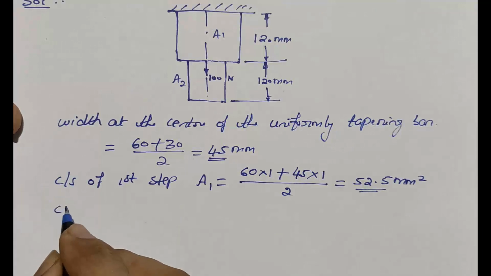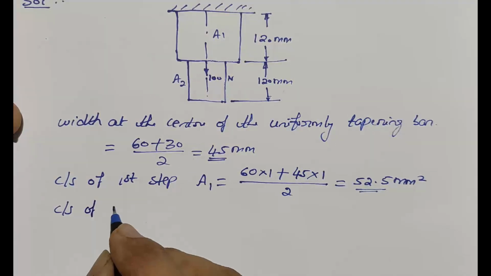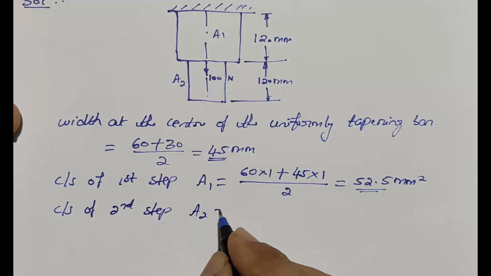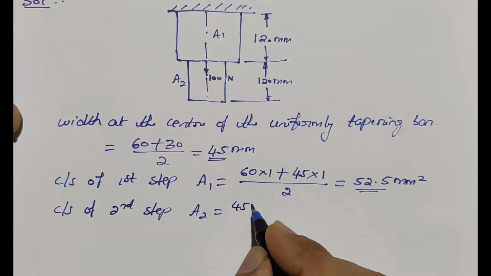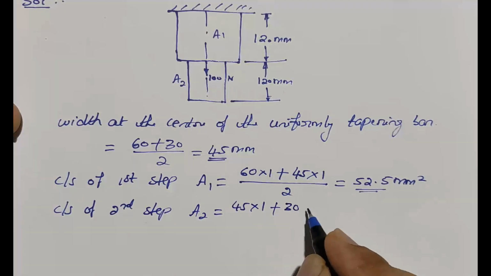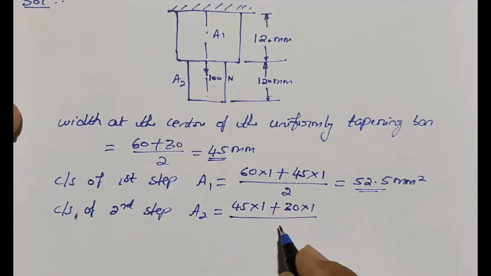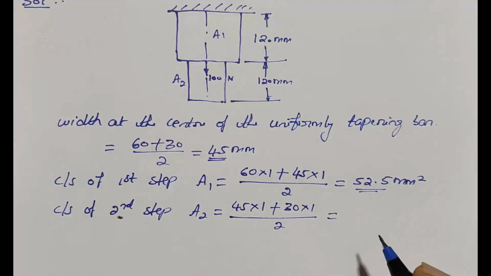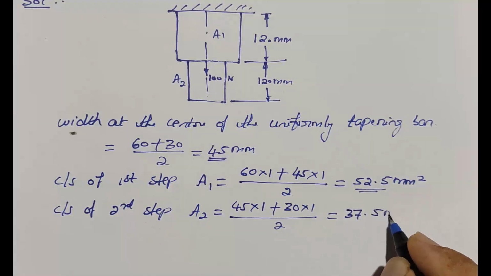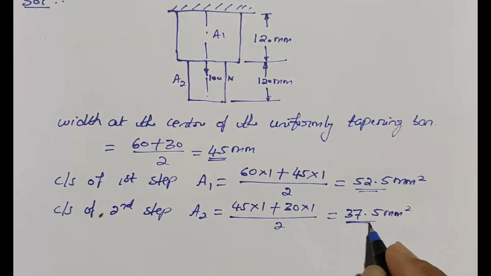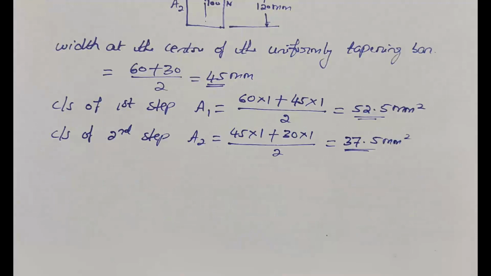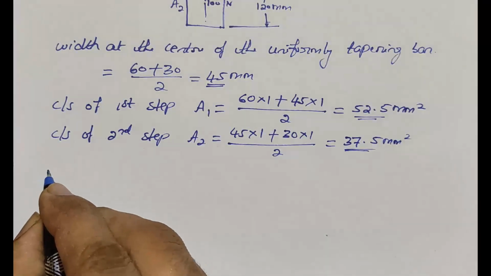So cross section of second step A2 will be 45 into 1 plus 30 into 1 divided by 2, which is equal to 37.5 mm square. This is the cross section area of this second step. Next is FE model.